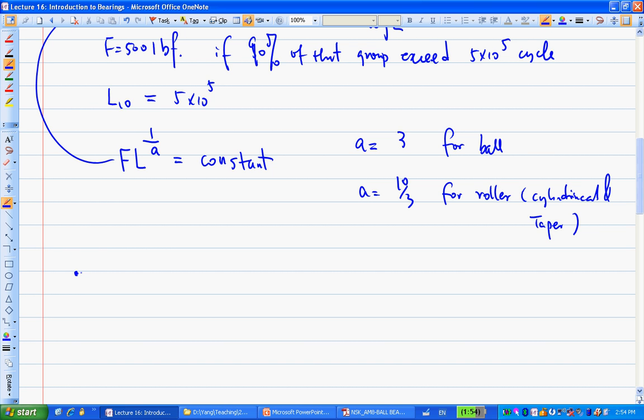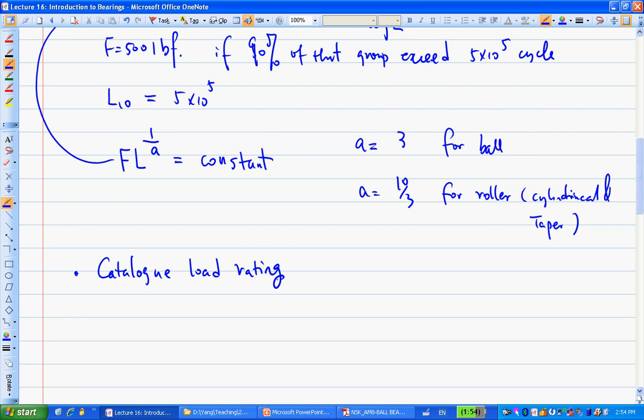So now comes the next concept. It's called the catalog load rating. When you look at the catalog, you have a whole bunch of bearings and a certain so-called catalog load rating value.